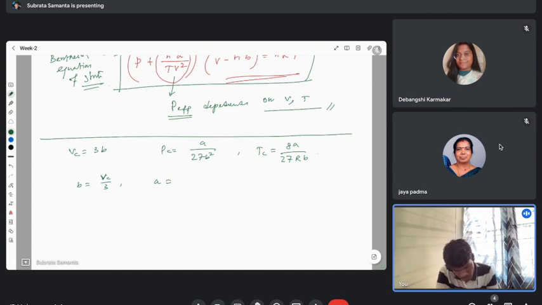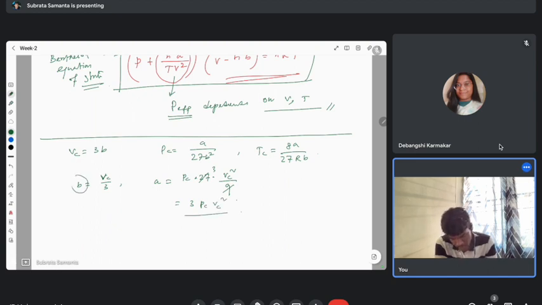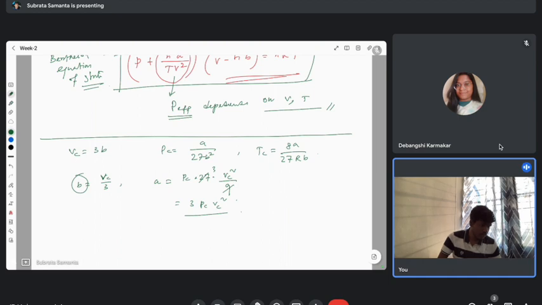So a is actually, let's say, P_c times 27 V_c squared over 9, so 3 P_c V_c squared. Okay, so given P_c and V_c, we can calculate these quantities. Okay, so in the assignment, what is asked?